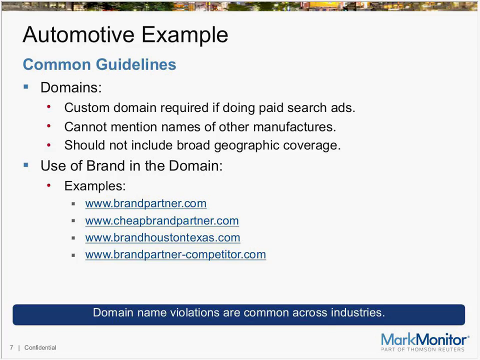That makes sense because you don't want 1,000 dealers all pointing their ads at one location because they'll start competing for that display URL. And I've got another example a little later on. Obviously, also in the domain, you cannot mention the names of other manufacturers. That just will confuse people. And then it should not include broad geographic coverage.